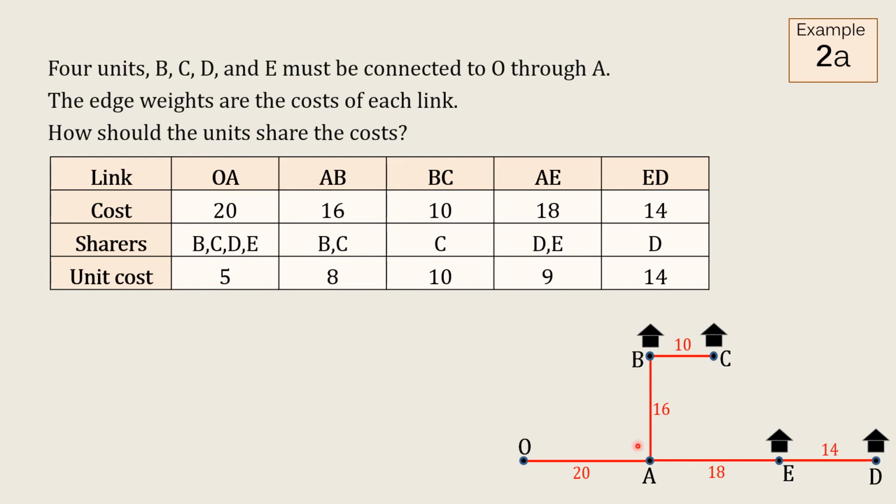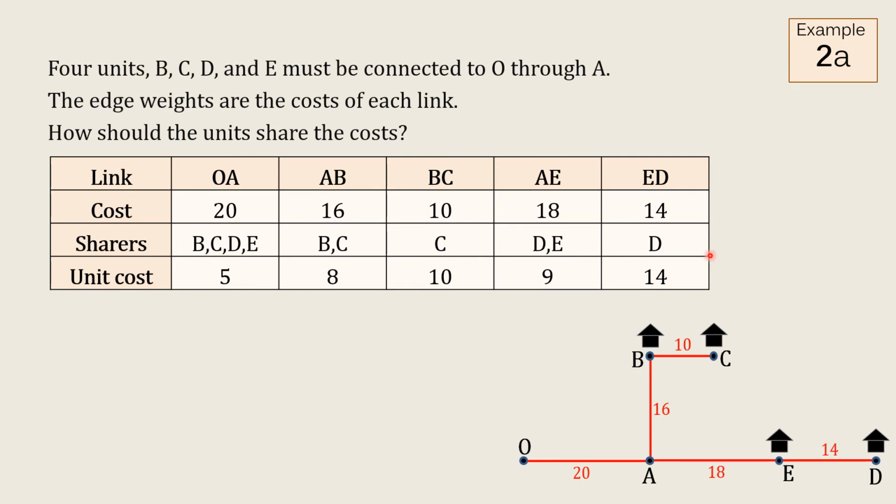AB is shared by only B and C. And so it's only fair that the 2 units, B and C, share the total cost of 16 equally. So each pays $8 for this link AB, and so on.